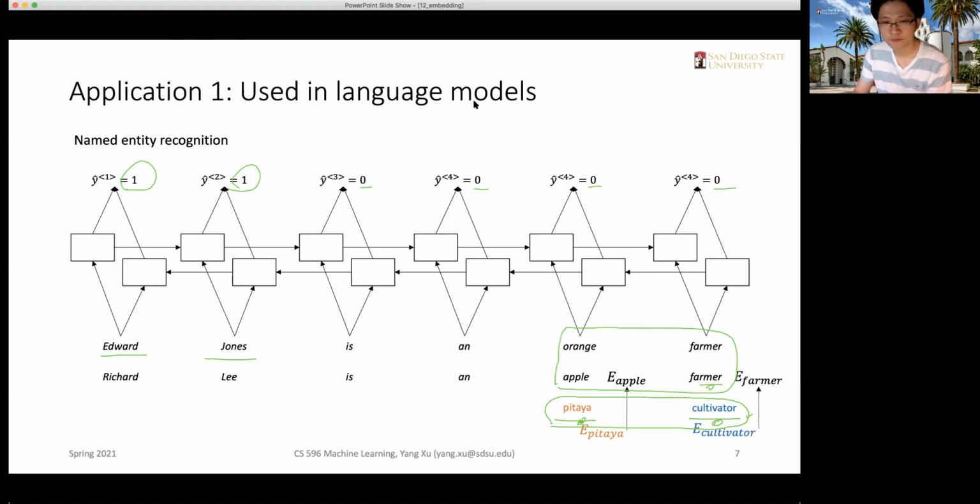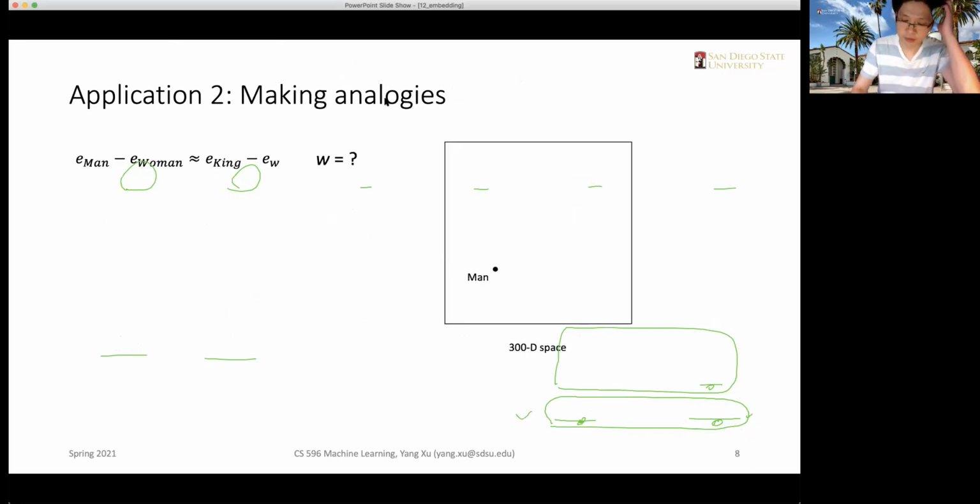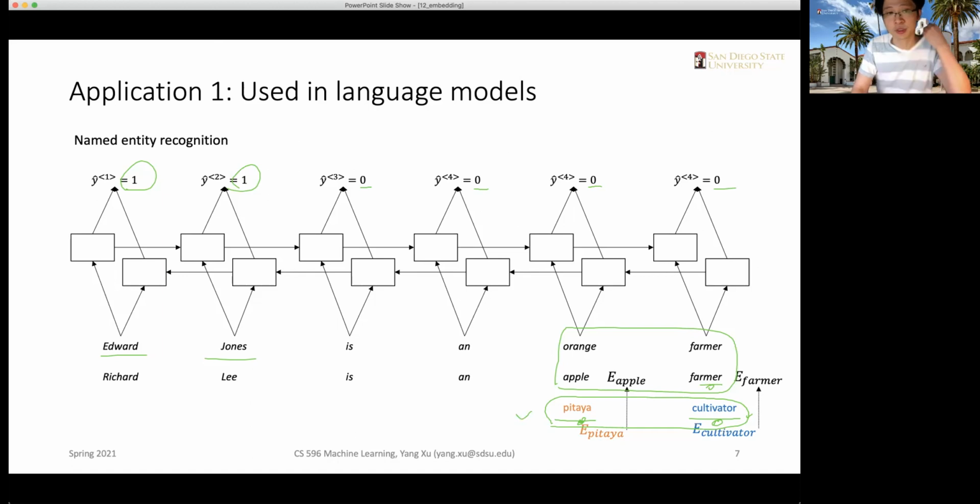If we are able to obtain the embedding vectors for pitaya and compare it with the vector for apple, and we also have the vector for cultivator, which is similar to farmer, then the model we build can utilize the information from apple and farmer, or from orange and farmer, to help predict the case for the pitaya cultivator. All right, so that is the first application, which is used in language models.